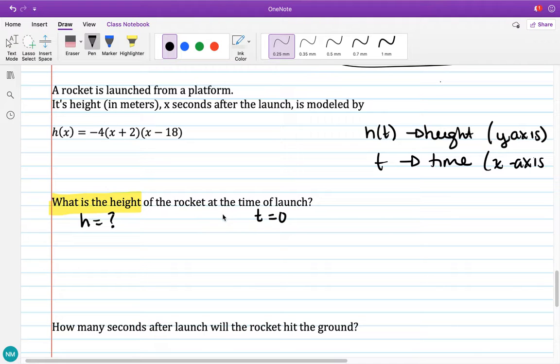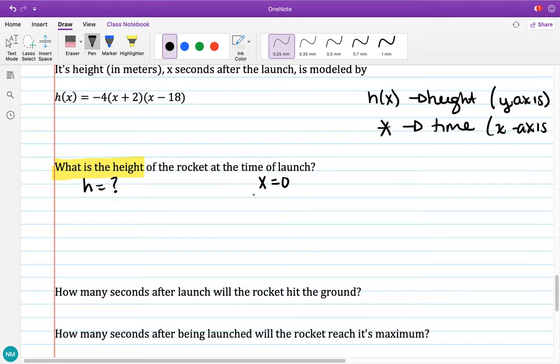So I plug in t equals 0, or x technically. Oh shoot, it's an x, not t. So x equals 0. X is t here. So I have to plug in x equals 0. It's pretty simple. You just plug it in.